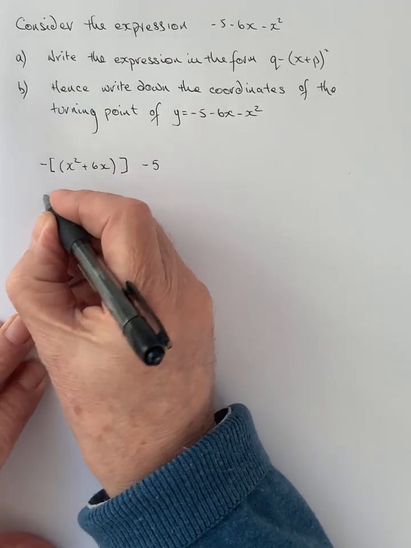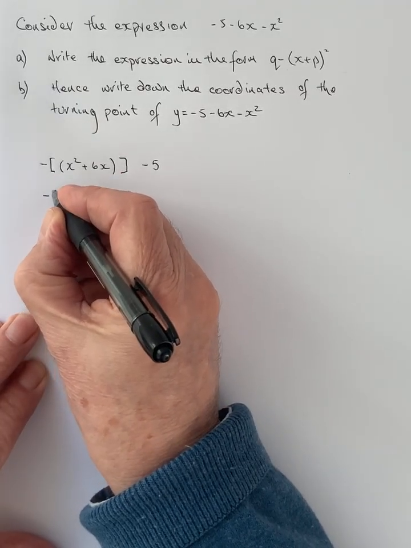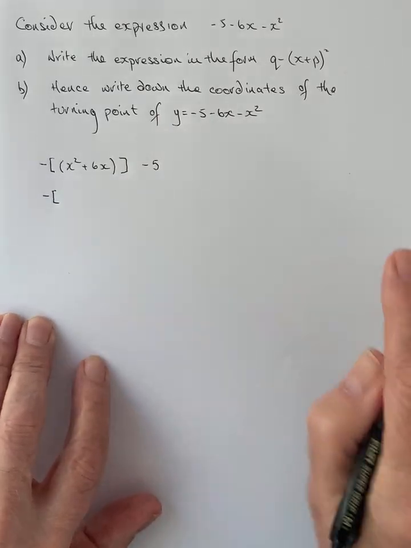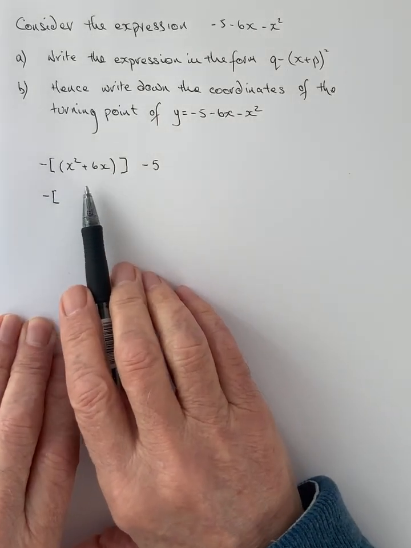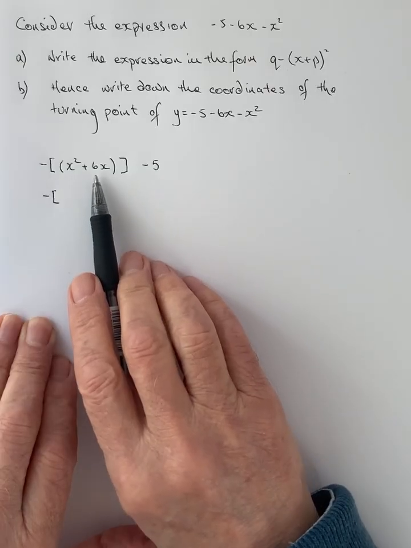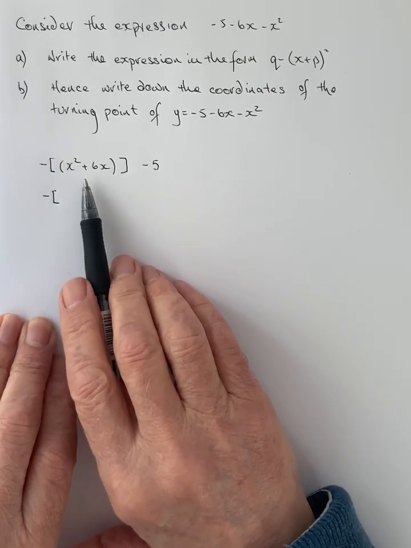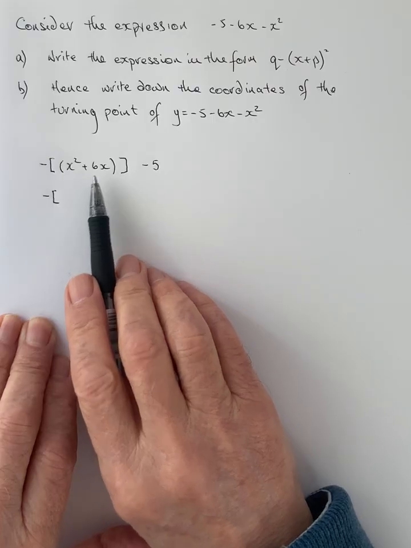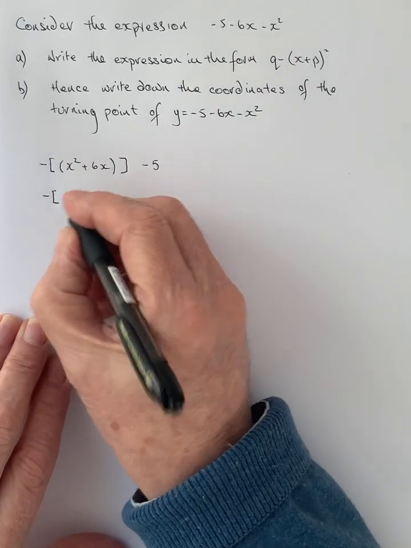Sorting this out now, we have negative open brackets, and we're going to complete the square. When we complete the square, we write as a squared bracket x plus half of the coefficient of x there.